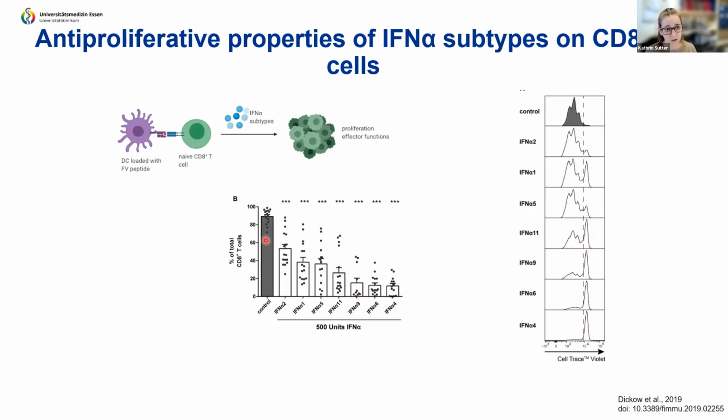And this is also seen here. So we see that those cells which do not see interferon, they strongly proliferate. However, when you add different interferons like alpha 2, 1, and all the others, you do see an effect on the proliferation, but it differs very strongly depending on the interferon we use. So especially alpha 4, 6, 9, those were really, really strongly inhibiting the proliferation of these cells.